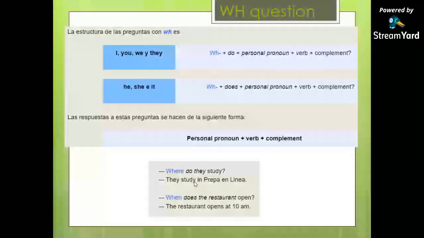They study in Prepa en línea. When does the restaurant open? The restaurant opens at 10 a.m. Notice that here we use does, but here we don't use the auxiliary because we are just answering with the affirmation. And for affirmative form in present simple, we don't use auxiliaries. We just put S or ES in case of he, she, or it.